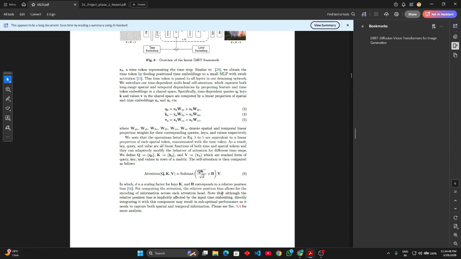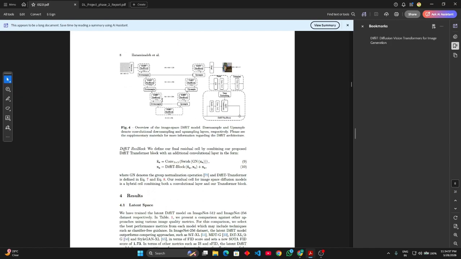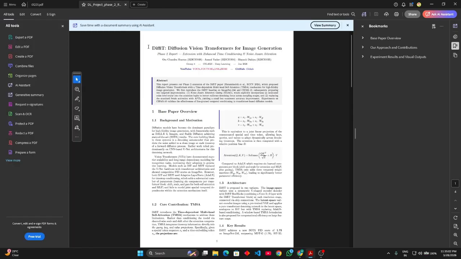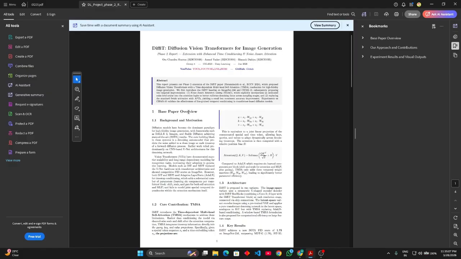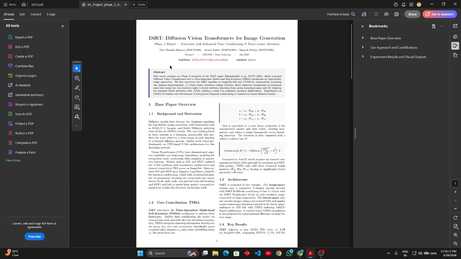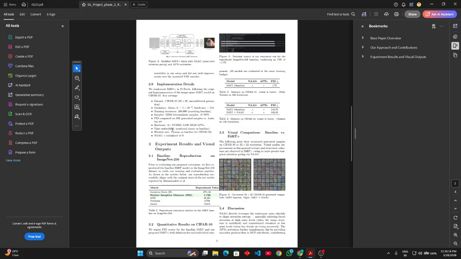And our modification in the paper is, first, we use the TMSA technique and introduce noise-aware attention, which actually calculates the amount of noise at that instant and uses that for further processing.